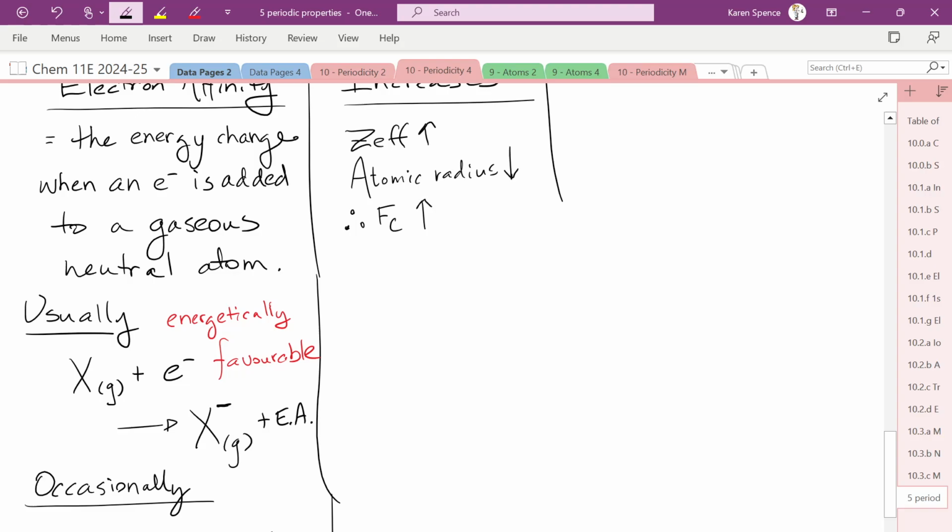And therefore, that electron is going to become more stable, okay? The higher the Coulombic attraction, the more stable the electron once it's added to the atom.